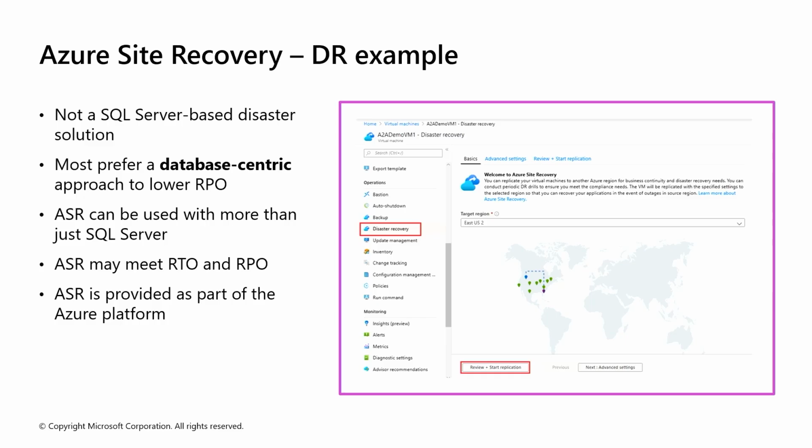A common SQL-related disaster recovery example using ASR would be replicating a production SQL Server VM from one Azure region to another. In the event of a regional outage, ASR enables failover to the secondary region, restoring that SQL Server instance with minimal data loss and downtime.